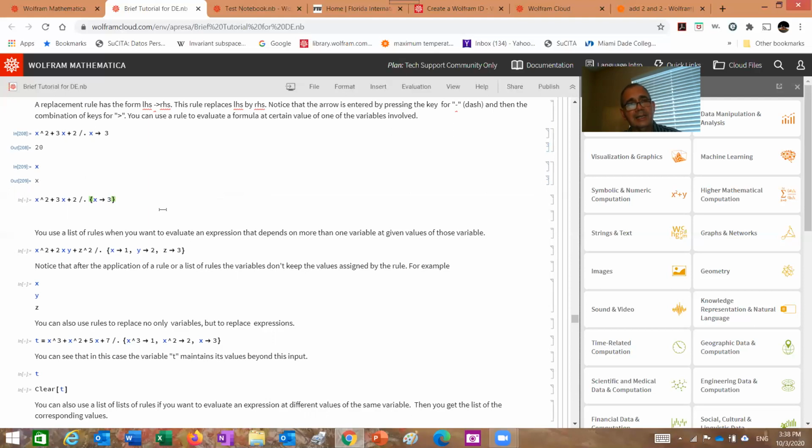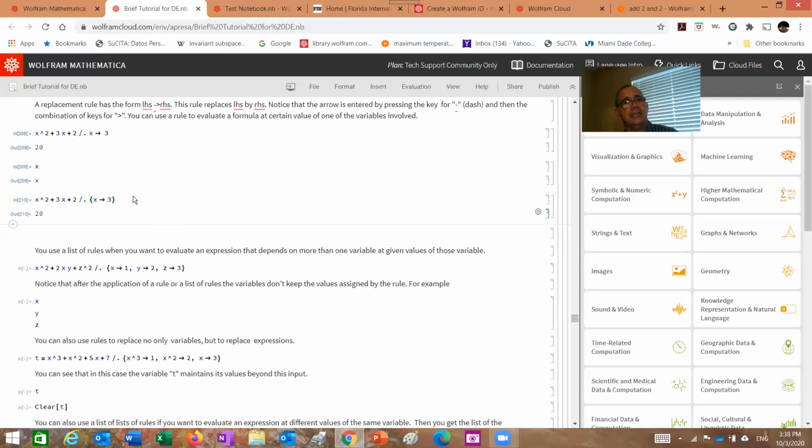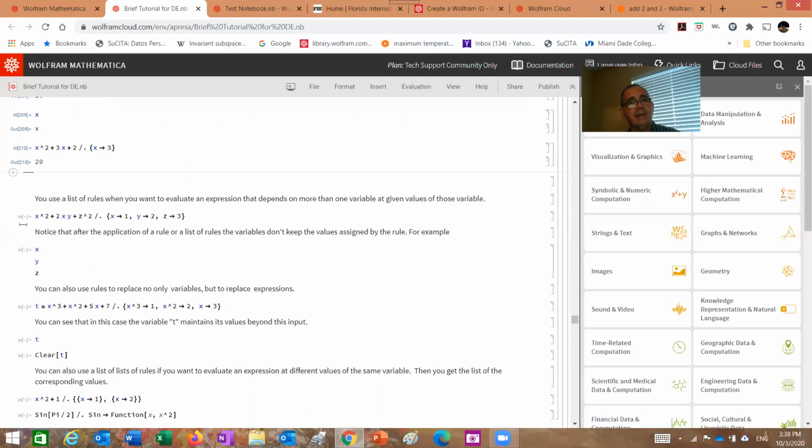So if you apply this to the same expression, you get the same result again. But when you have an expression that depends on many variables, x, y, and z, and you apply a list of replacement rules, replacing the x by 1, the y by 2, and the z by 3, they do all the replacements at once.